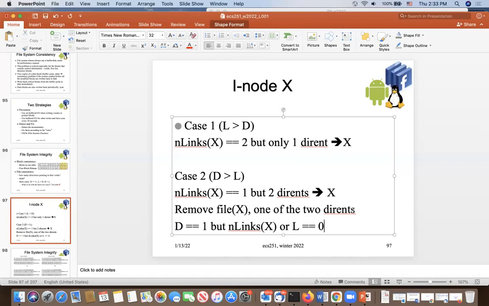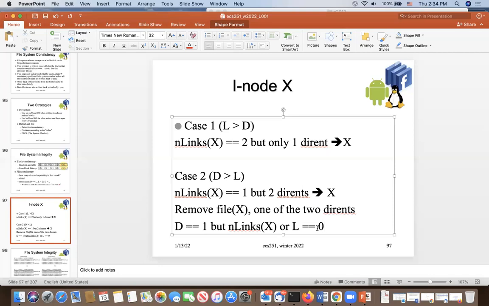And remember, we use the n-links to decide whether this file, the inode and the directory entry, can be permanently removed. So D greater than L is dangerous because if somebody removes the file, you have the possibility that you permanently remove some important file from your file system.